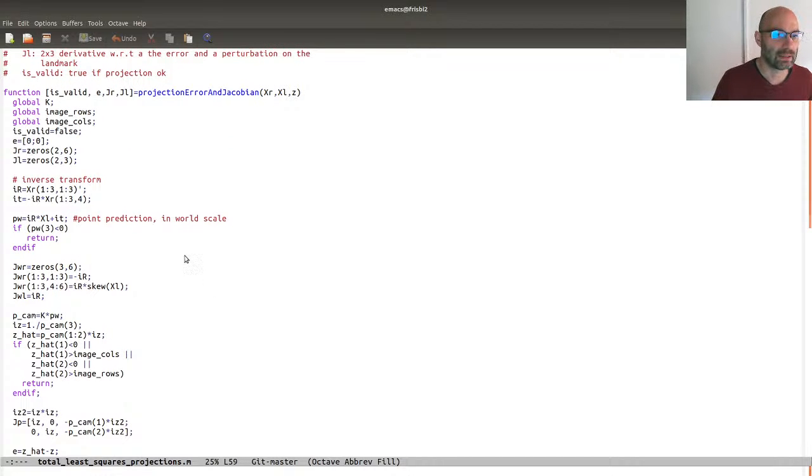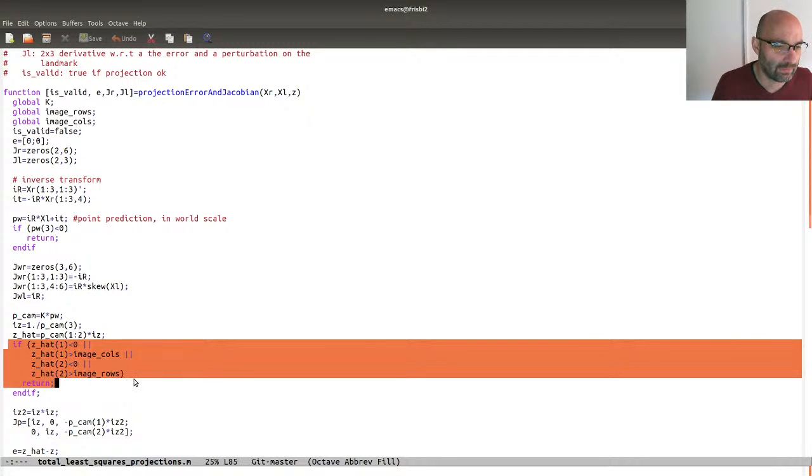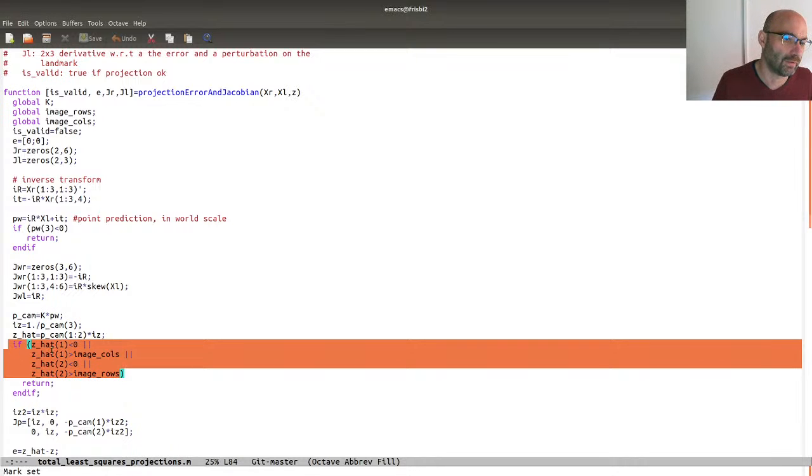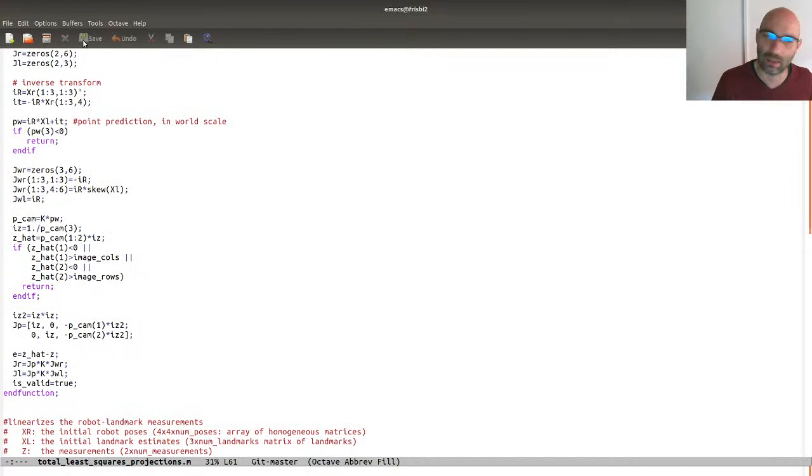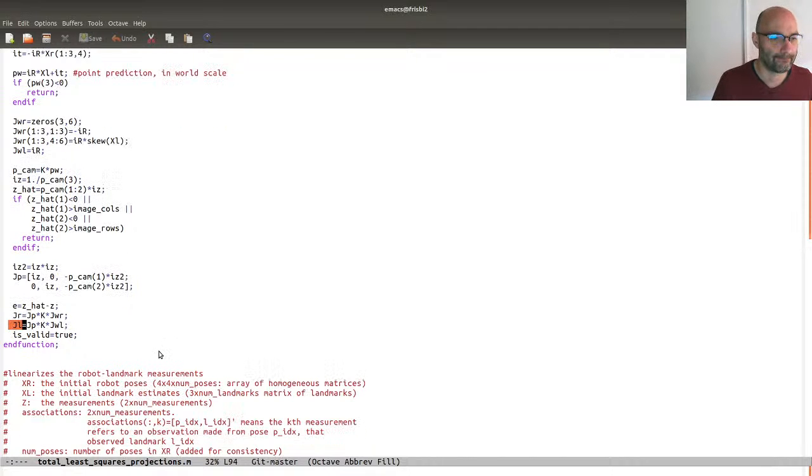And then we start calculating the contribution of the Jacobian, that also in this case will be 4. I invite you to do the calculations by hand. An additional thing that we might want to do is to figure out whether the measurement falls outside of the frustum. And in case it falls outside of the frustum, we exit with is_valid set to false. If everything goes well, we return two Jacobians, JR and JL, where JR will be 2 by 6 and JL will be 2 by 3. Okay?